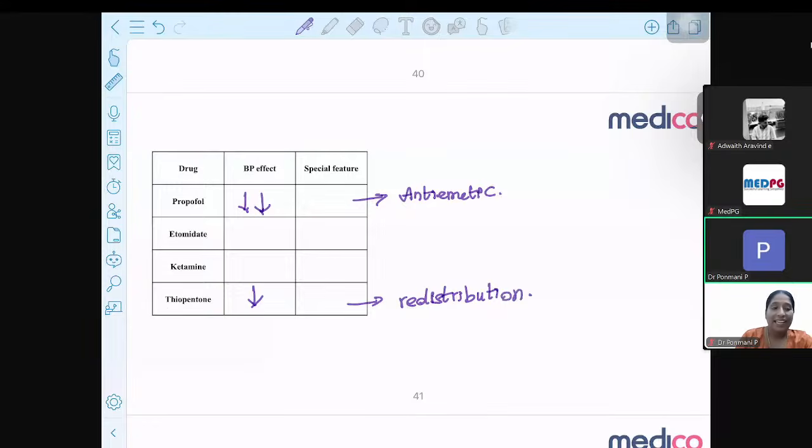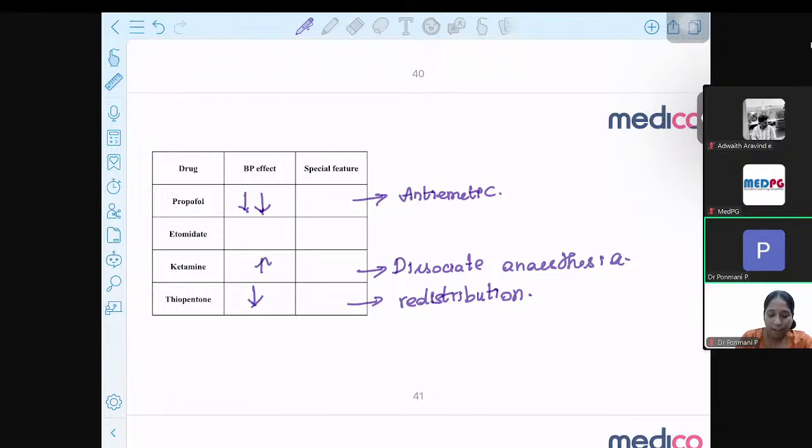And what about ketamine? Ketamine is called a dissociative anesthetic, if you remember. And what will be the BP effect of ketamine? It will increase.